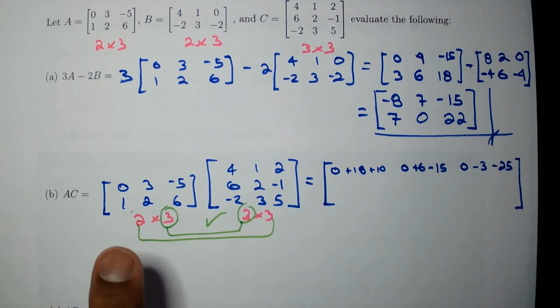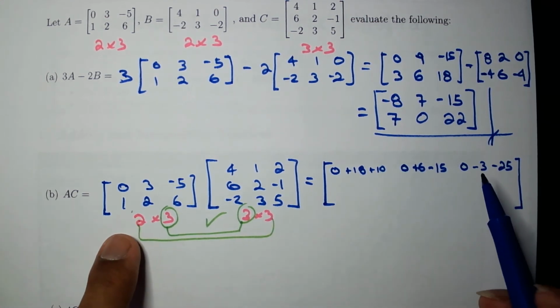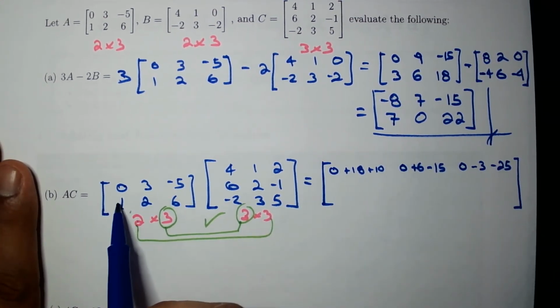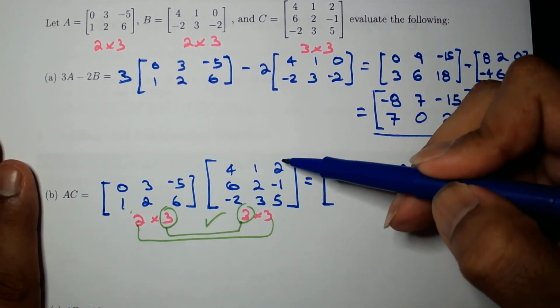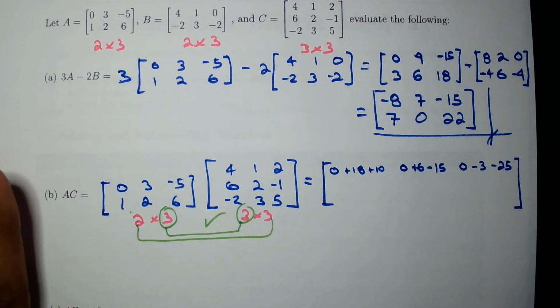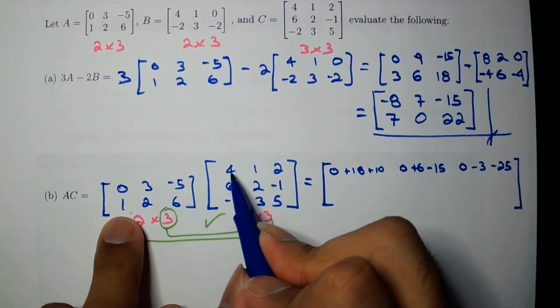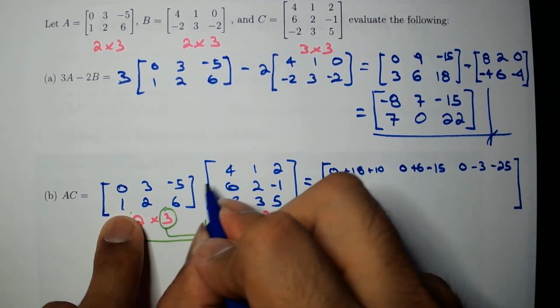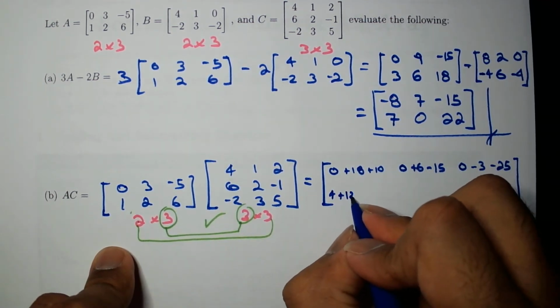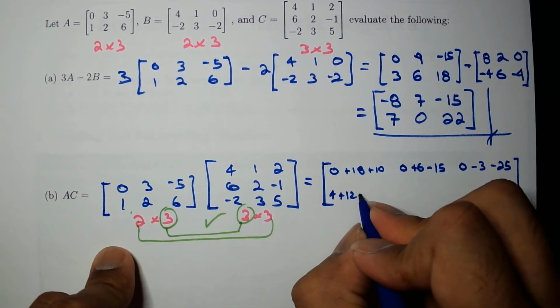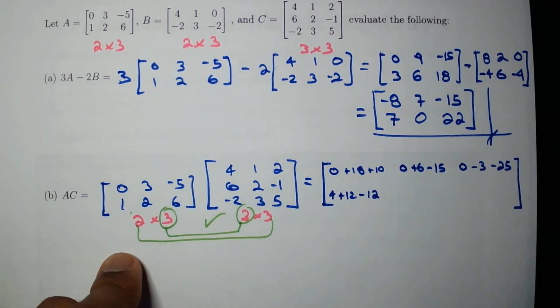Now let's find the second row of the final answer, and to do that, we are going to multiply the second row of the first matrix by each column of the second matrix. So I'm going to do 1 times 4, which is 4, 2 times 6, which is 12, 6 times negative 2, which is negative 12.